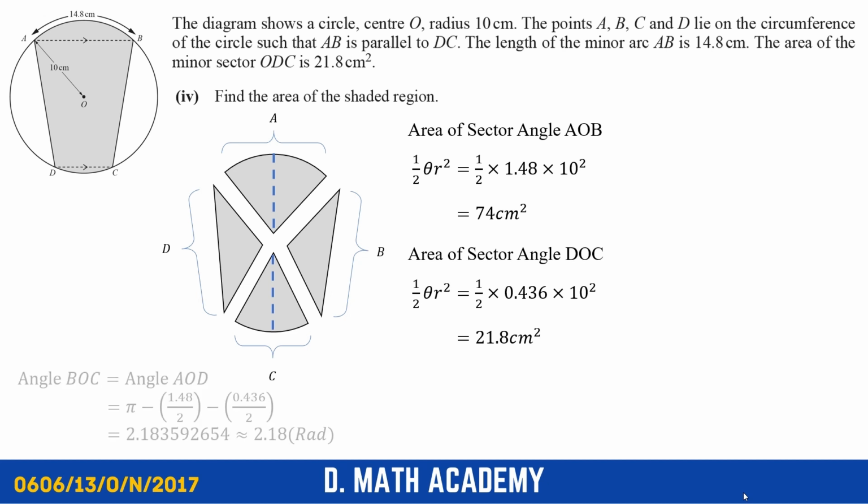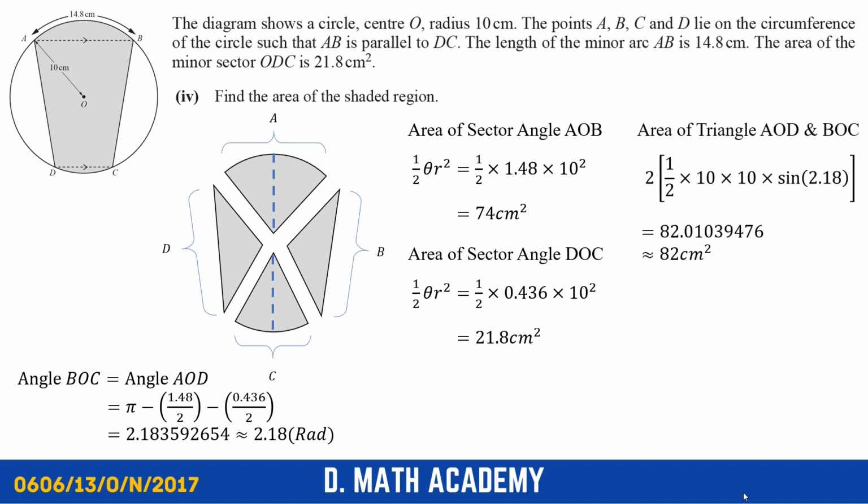Remember the radian that we identified earlier is 2.18, and substitute it into the half AB sin C formula. To make the workings faster, I immediately multiply it by 2, because BOC and AOD are the same thing. So after you multiply by 2, you will get 82 centimeters squared as your final result.